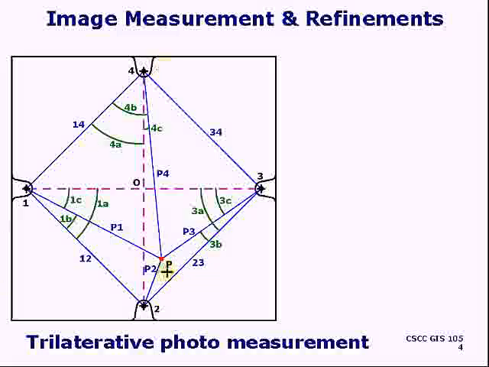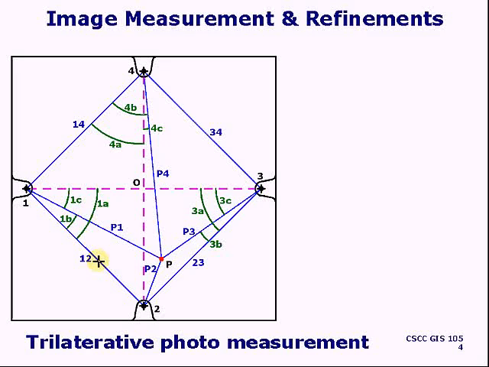The distance from point P to fiducial 1 is line segment P1. From P to 2 is line segment P2. If we are dealing with fiducial 1, fiducial 2, we've got some angles that we'll want to measure. The A angles are always going to relate to the angle from the axis to the line connecting the fiducials.